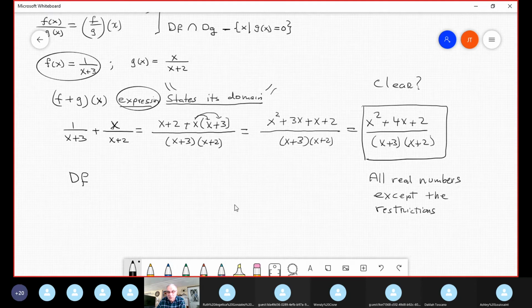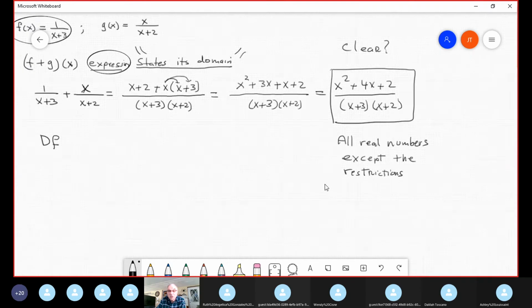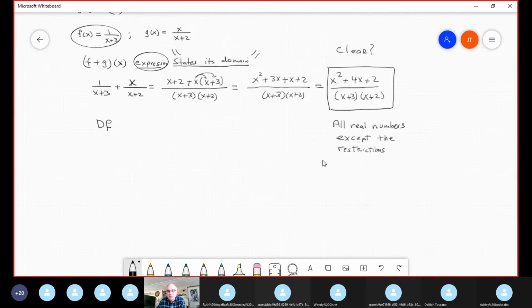So you have restrictions in three basic situations. Restriction number one, when you have a division of functions, P divided by Q, I suppose that P and Q are functions, no? You suppose that the Q expression is not zero. This is the first restriction.